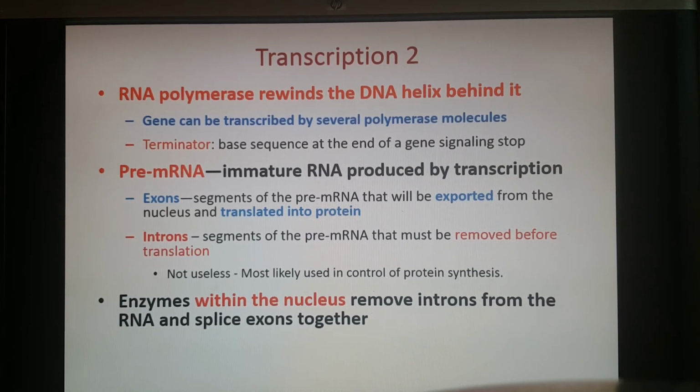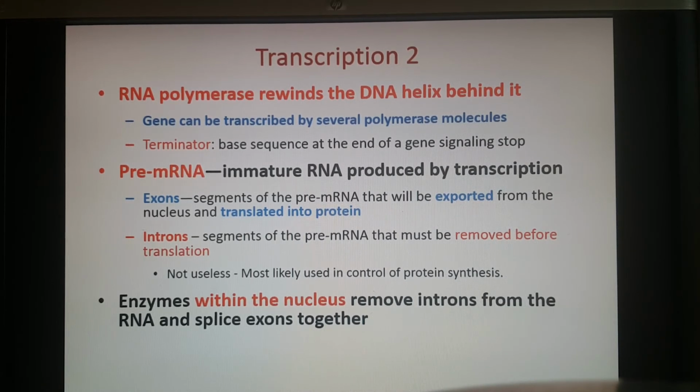If you need to make more, it can reattach to that gene and continue to make another copy. So when you have your mRNA sequence, which is just your gene, and again your gene can code for multiple proteins, you have what's called your pre-mRNA, which is an immature mRNA.